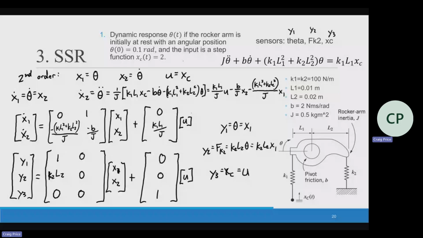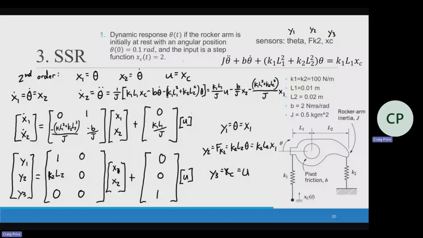So once we have that, the first part of the SSR is taking those two equations and setting up our A and B matrix. So derivatives on the left-hand side. This is my A matrix. My vector is x1, x2. Then I have a u vector right here. So we just have one u.